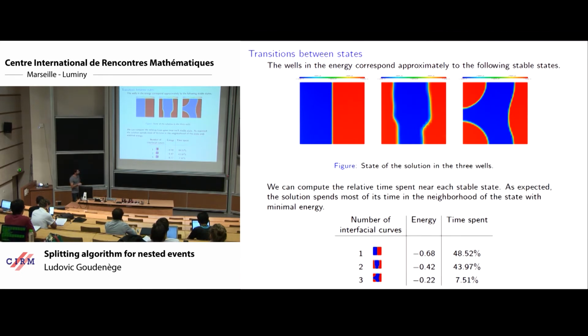And you want to compute the time spent very close to the minima. Of course, when the noise is very strong, you stay a lot of time close to the minima, but you can visit another minima a very, very long time. But when the noise is very small, this number is very close to 100%, so you spent all the time in this event, and you have only 0 and 0 here, okay? But this is this kind of thing that we want to compute.